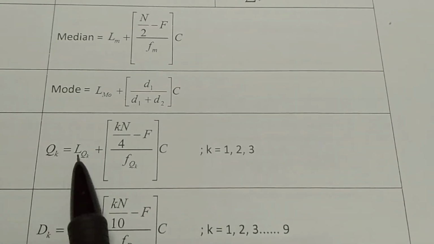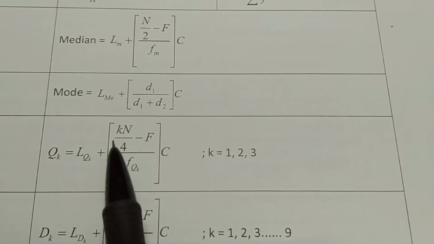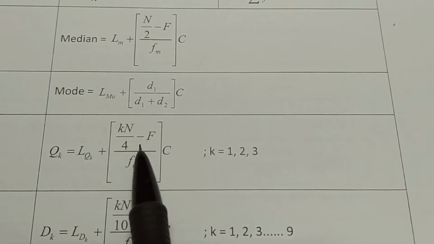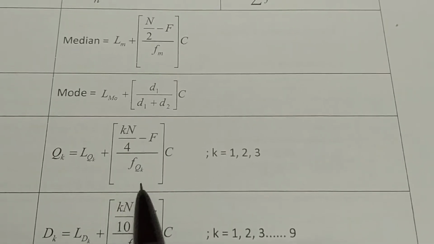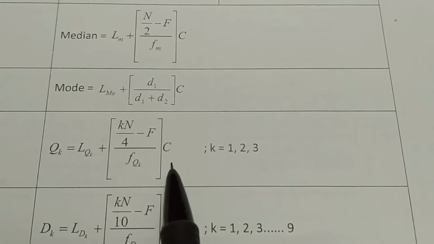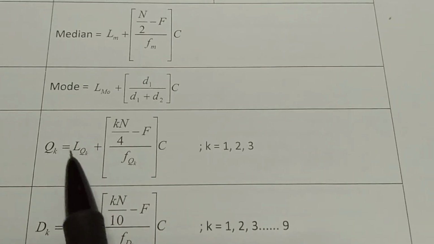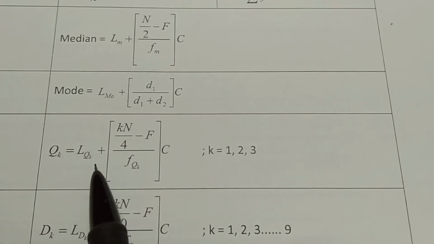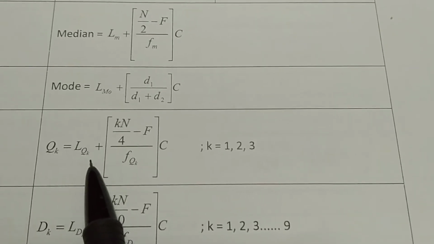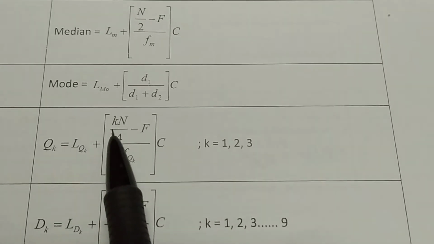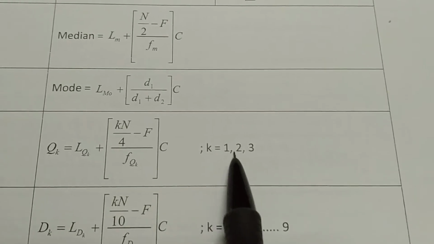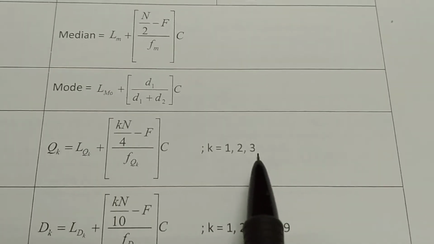So Q1 is equal to LQ1 plus 1N over 4 minus F divided by FQ1 times C. L is the lower class boundary for the quartile class. K depends on the question, like I said just now.